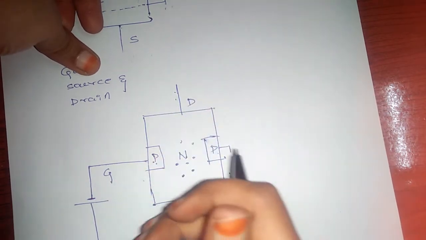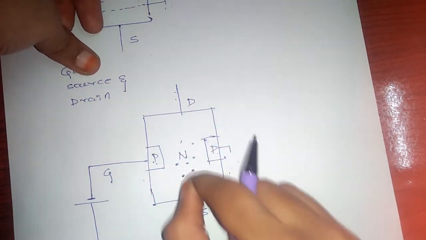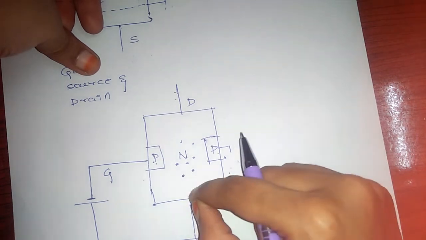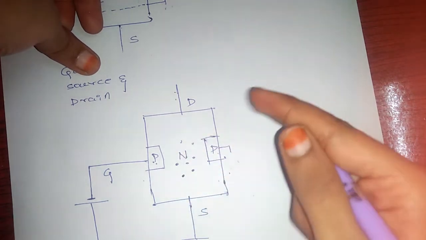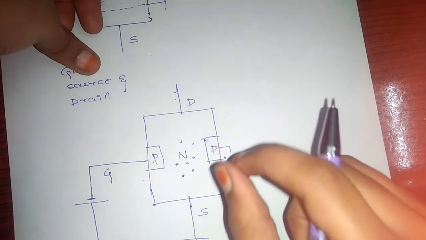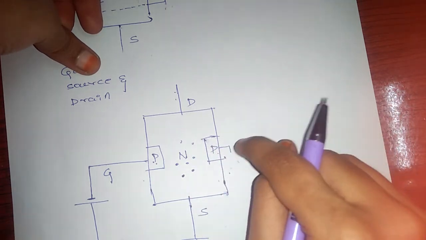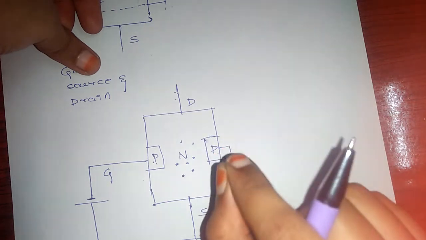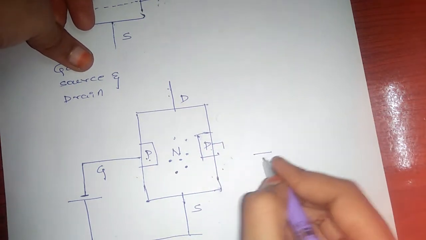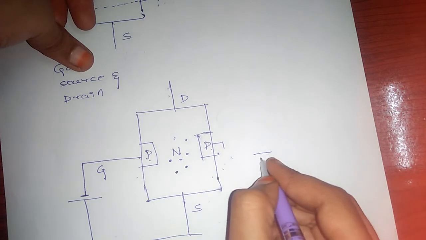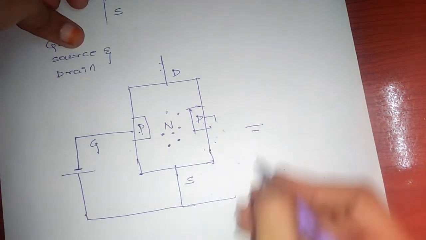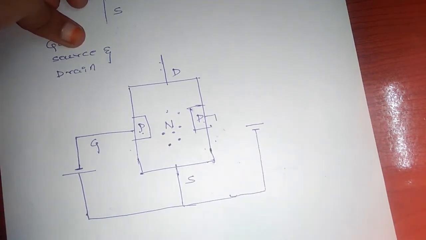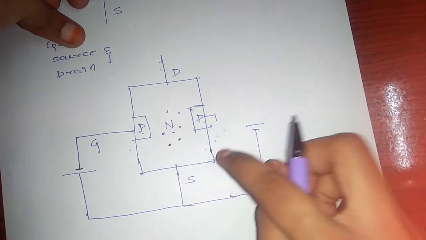When electrons get a repulsive force from a negative voltage. So I am giving negative voltage to the source.